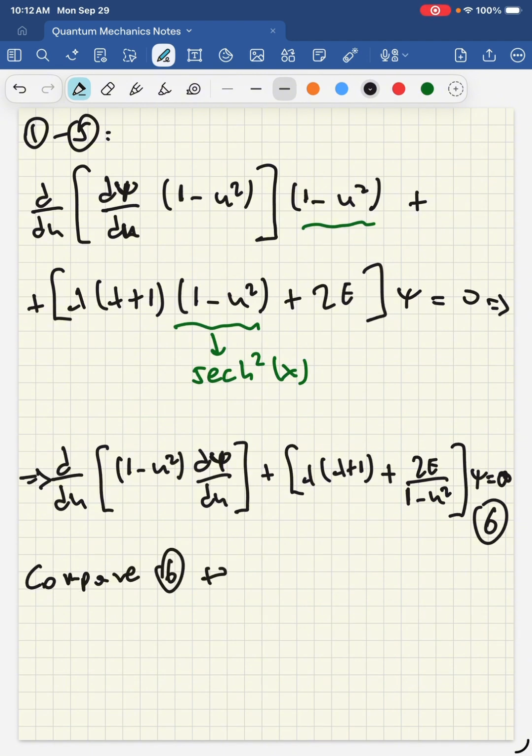So compare 6 to the associated, this is how it's called, associated Legendre differential equation.